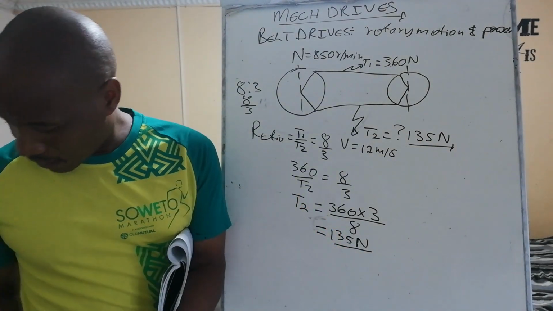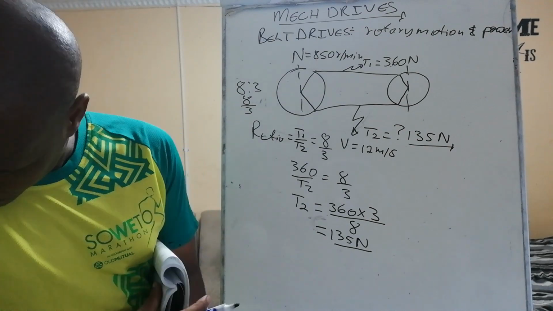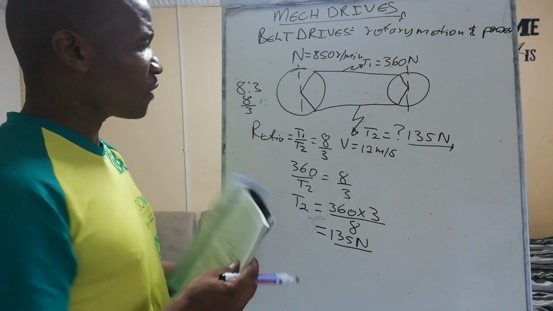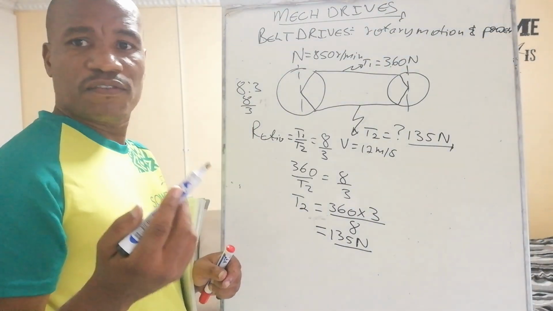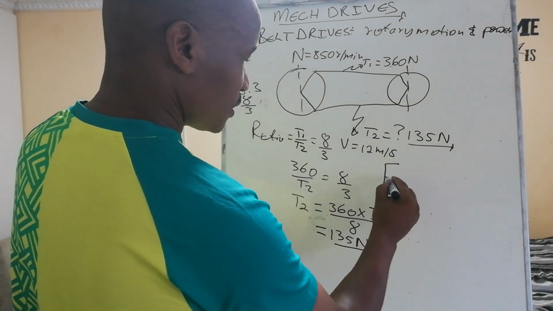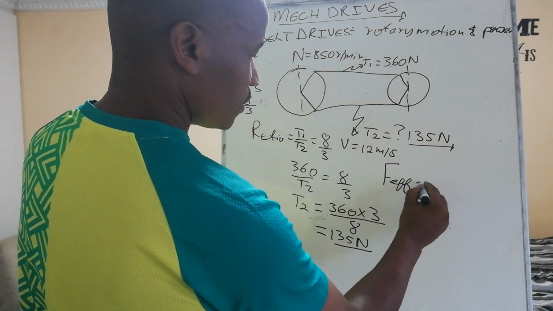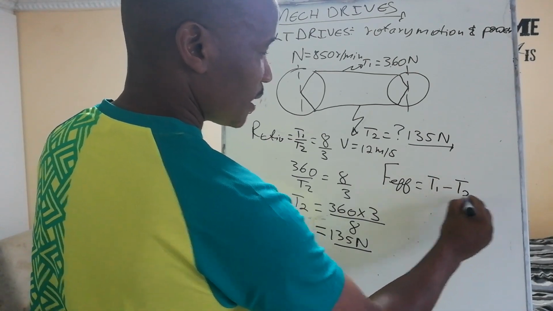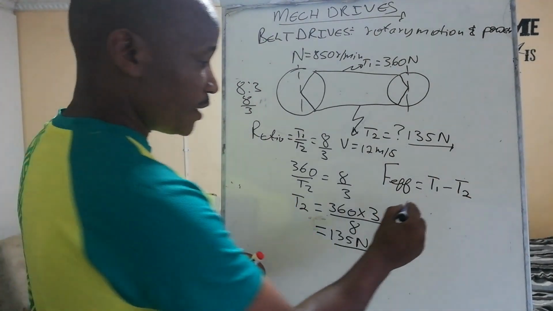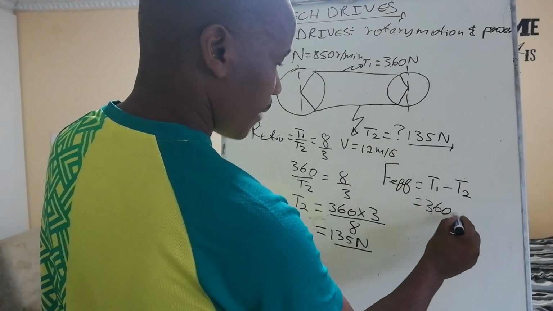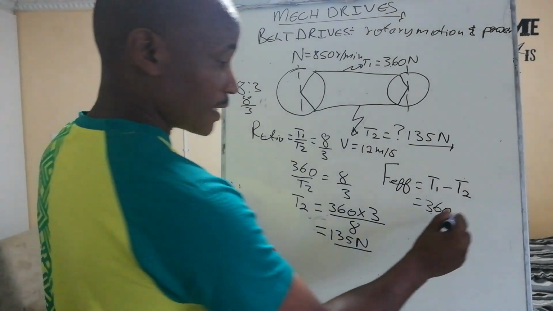And then one other thing is the effective force of the belt. Straightforward. Remember, guys, we said the effective force is equal to the tension on the tight side minus the tension on the slack side. You are given 360 minus you just calculated 135.